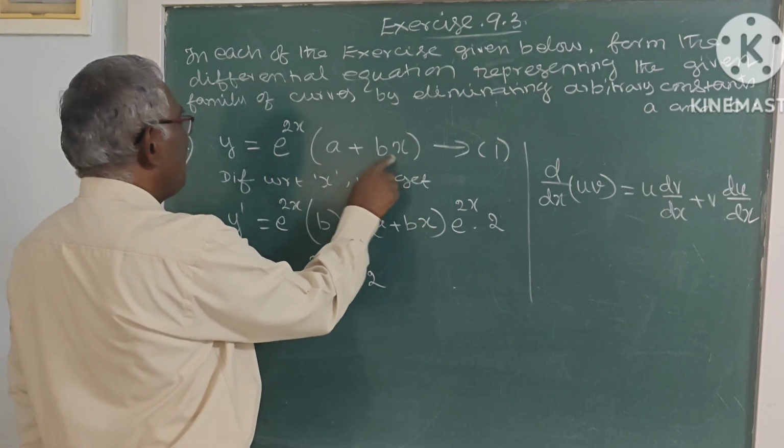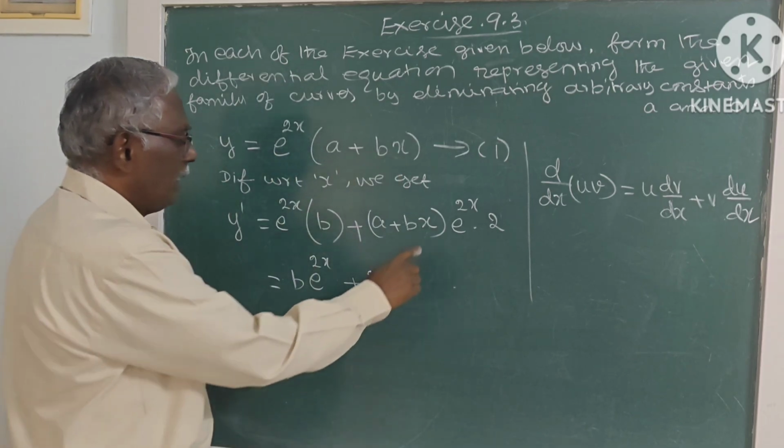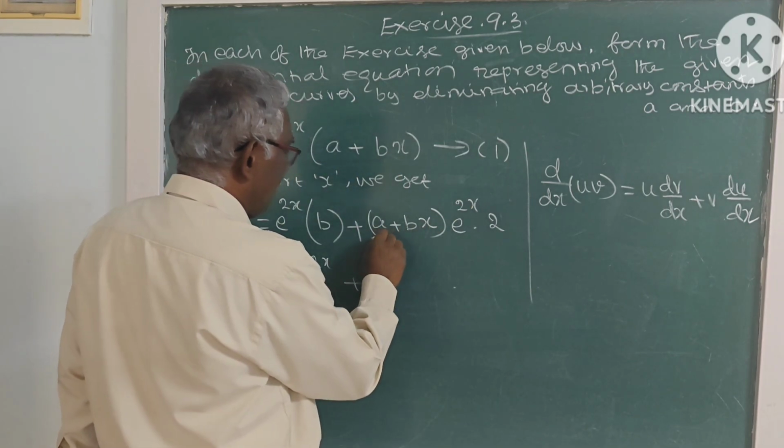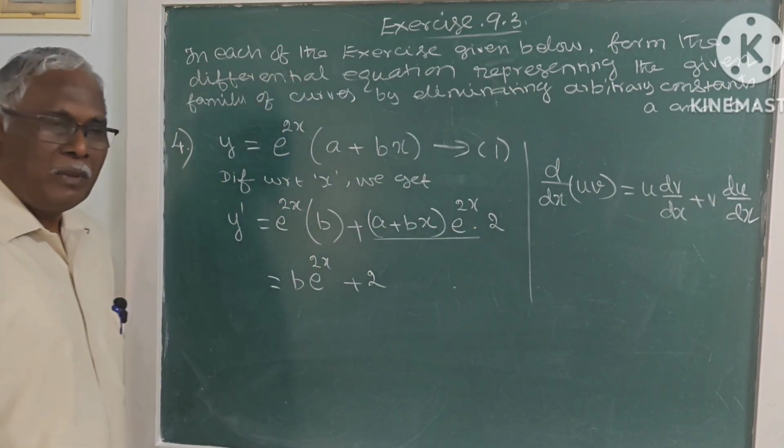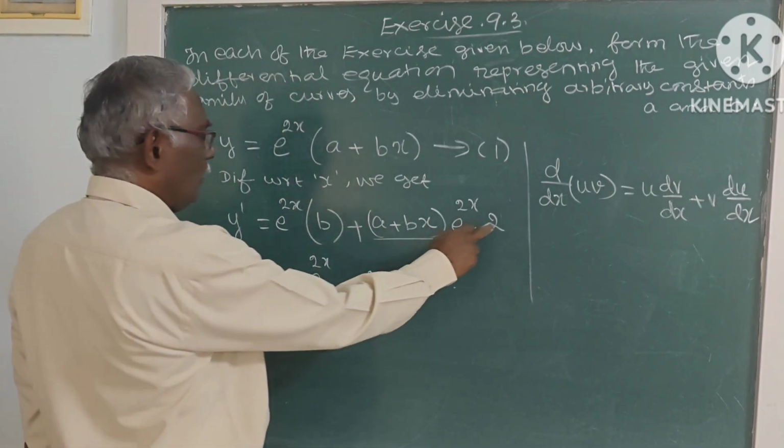e power 2x into a plus bx is y. Therefore, for e power 2x into a plus bx, we can replace it with y.